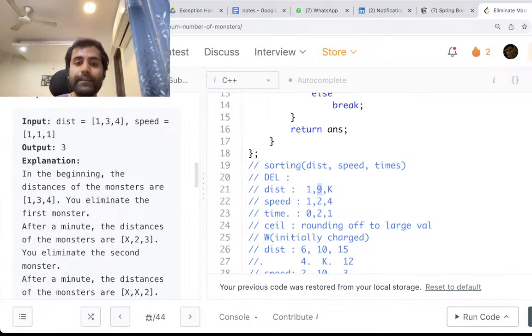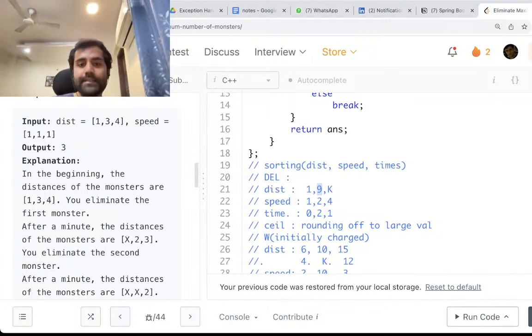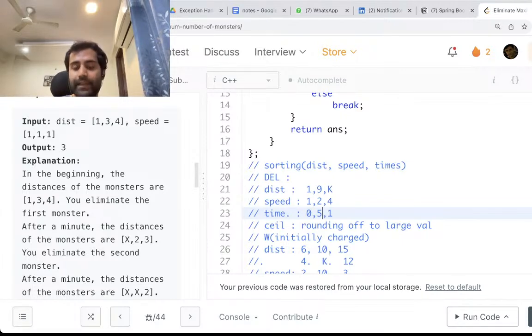If you do a proper division, you would do 9 by 2, which is going to be 4.5. But can I also say that I can probably place this number as 5? Why can I place this number as 5? Just think of it in this manner.